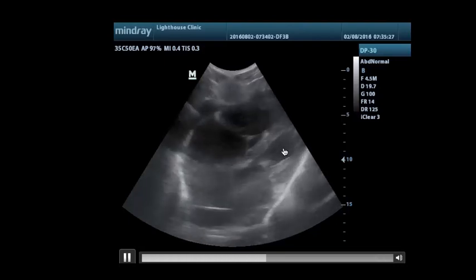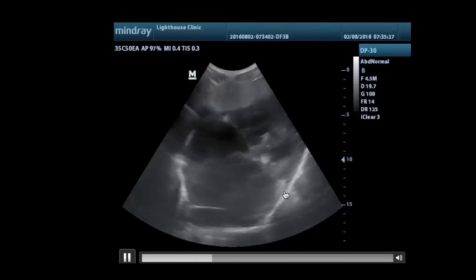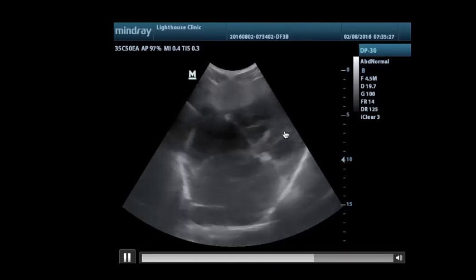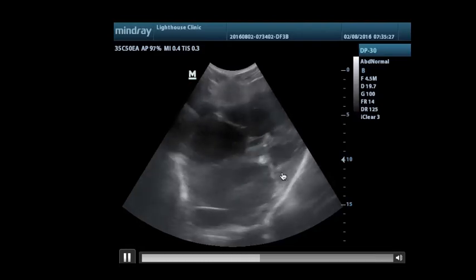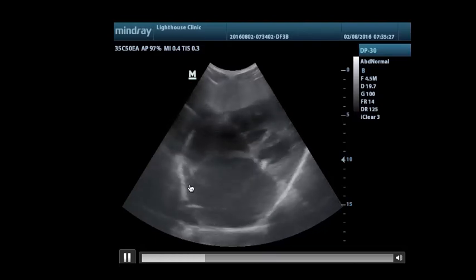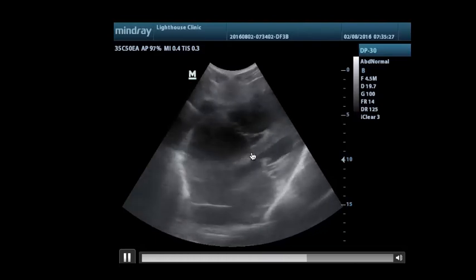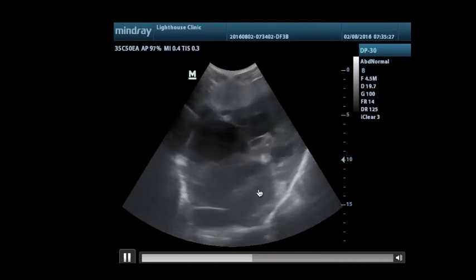And the next question would be, how do left ventricle and left atrium compare? Obviously, normally the left ventricle should be the larger. It's the main chamber, so it should be the larger structure. But how is that in this case? The opposite. The left atrium is significantly bigger than the left ventricle. And why is that?